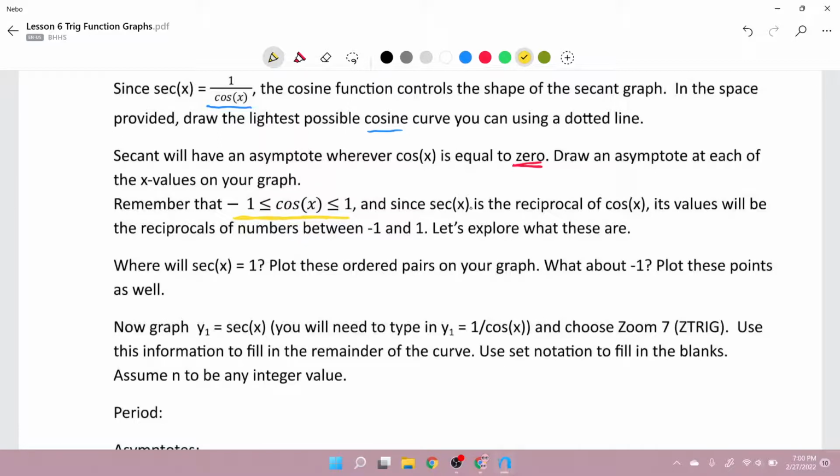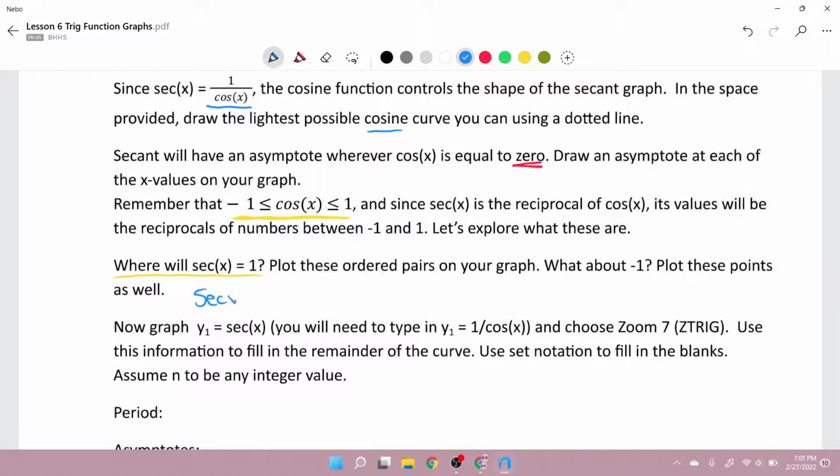So since secant is the reciprocal, its values will always be greater than or equal to 1 or less than or equal to -1. Its values will be the reciprocals of numbers between -1 and 1. Let's explore what these are. Think about this. Where will secant of x equal 1? Well, secant of x, let's do blue.